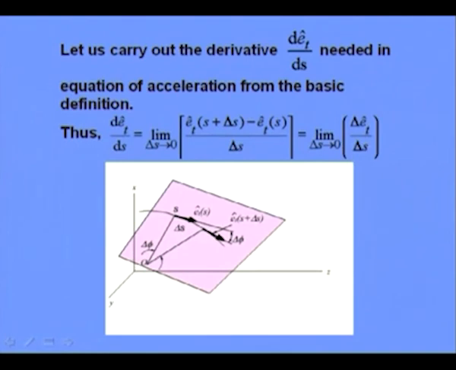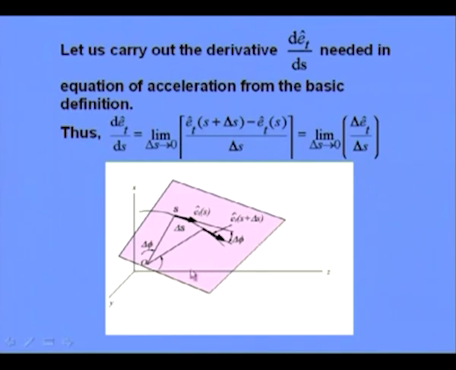Here it has to be noted that the difference between these two vectors will be a vector which has direction as well as magnitude, and therefore the derivative of the unit tangent vector has direction as well as magnitude. So, it is a vector quantity.